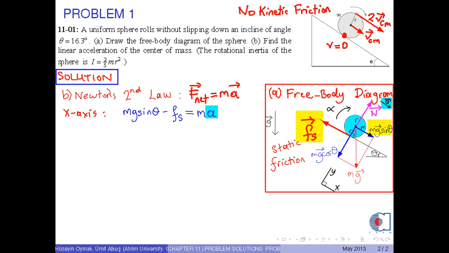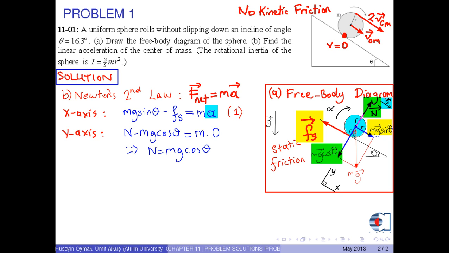We call this equation 1. In the y-axis, we have n minus m times g times cosine theta equals m times 0, since there is no motion in the y-axis. Therefore, n equals m times g times cosine theta.